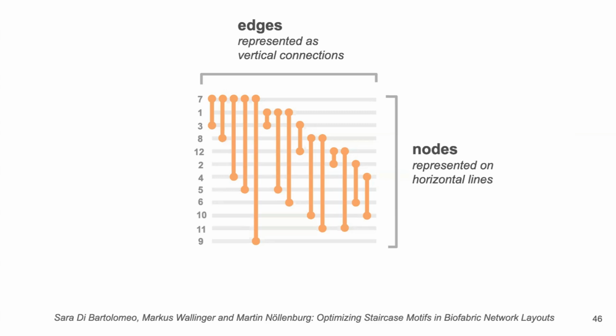Edges are represented as vertical connections, and there is an edge there if there is a connection between node 7 and node 5. Is this clear for everyone? It's going to be super important later, so how to read this is particularly important.